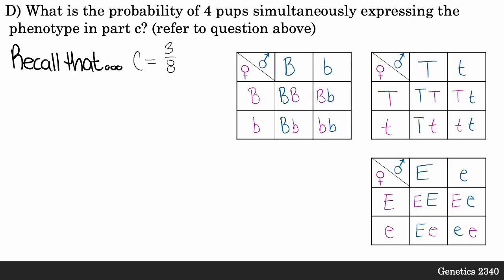Part D, what is the probability of 4 pups simultaneously expressing the phenotype in Part C?